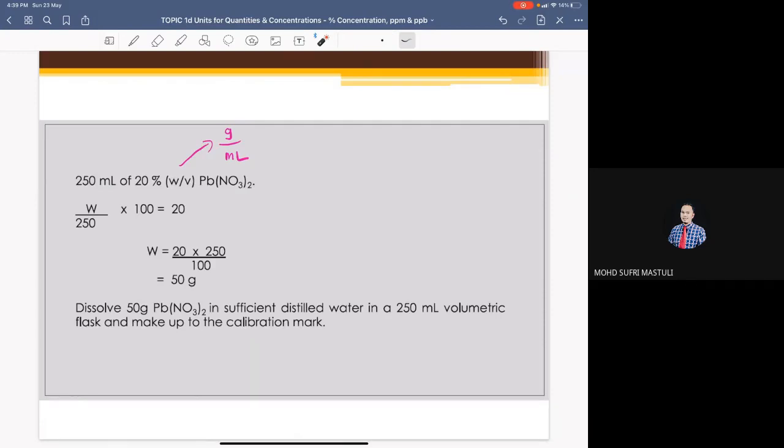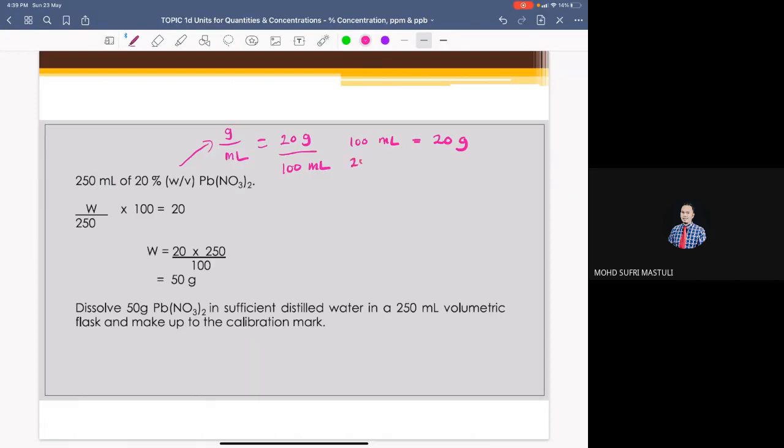From the 20%, meaning that is 20 gram per 100 milliliter, or 100 ml is equivalent to 20 gram.